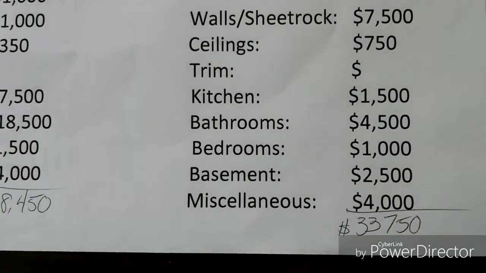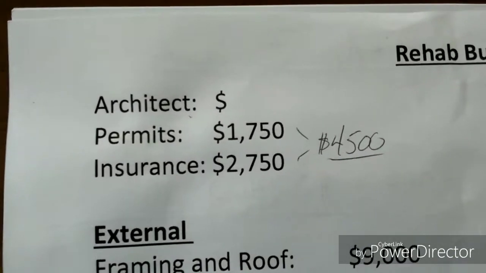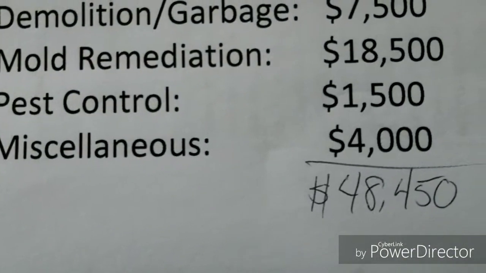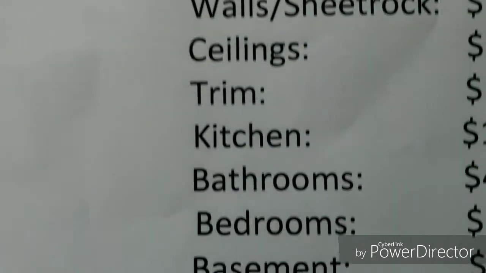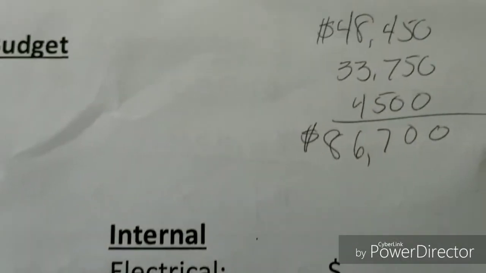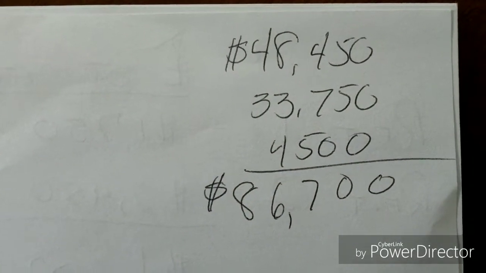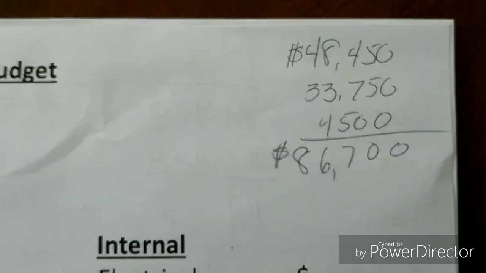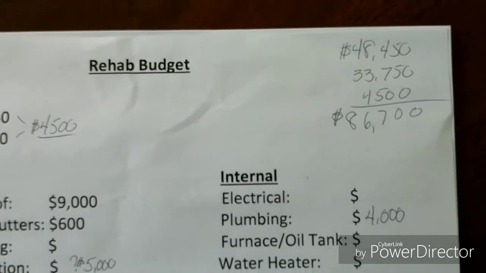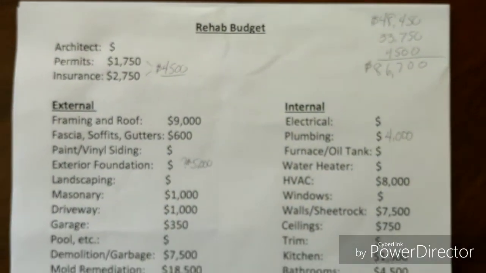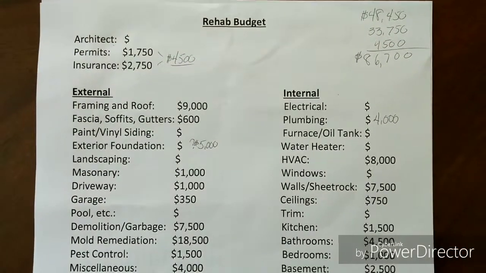When we look at our pre-number plus our external number and internal number, we get a total of $86,700 that we're probably going to have to invest in that two-family property.